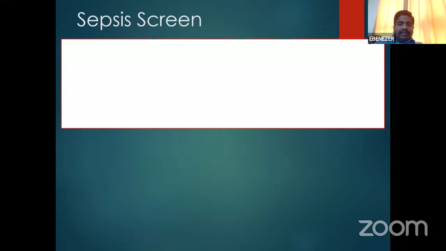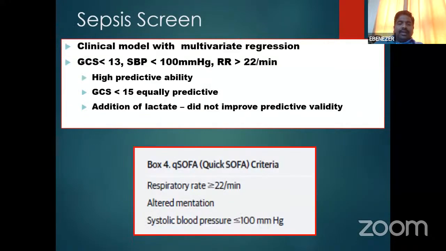But what we realize we need is a screening system, whereby when we round on the patients, we should be able to tell whether the patient is suffering from septicemia. Some warning signs are needed. So based upon that, the quick SOFA criteria came into the picture, where they looked at the respiratory rate.